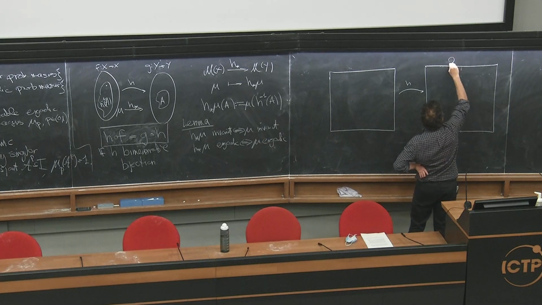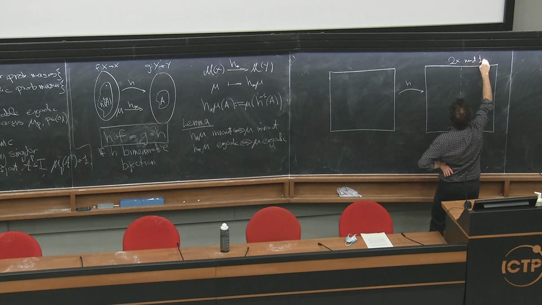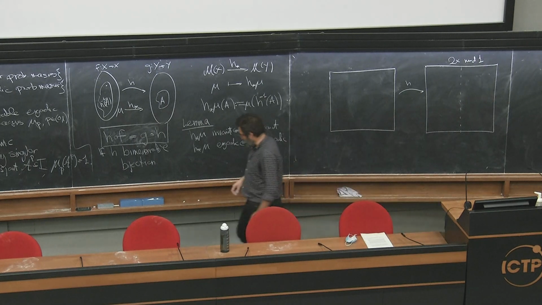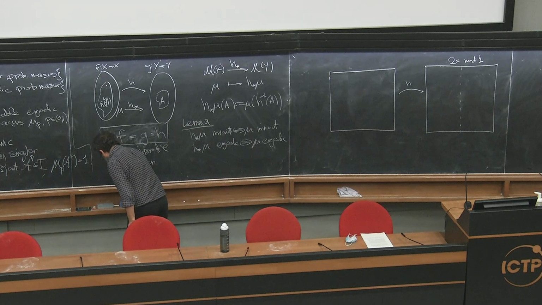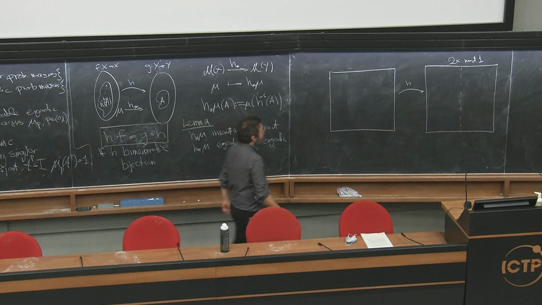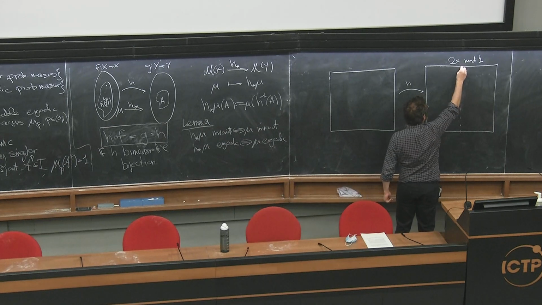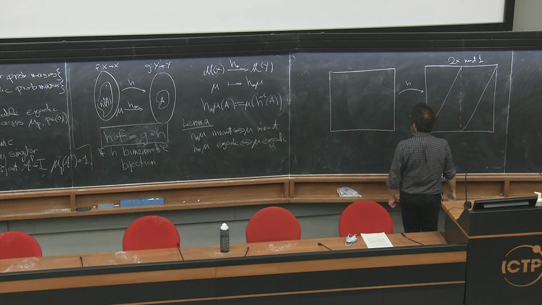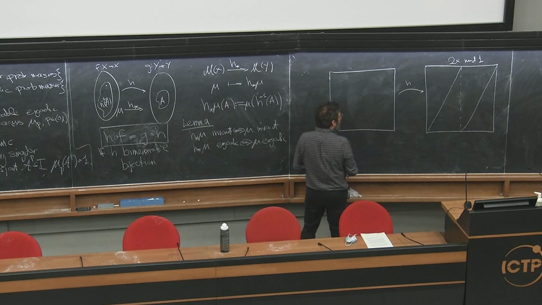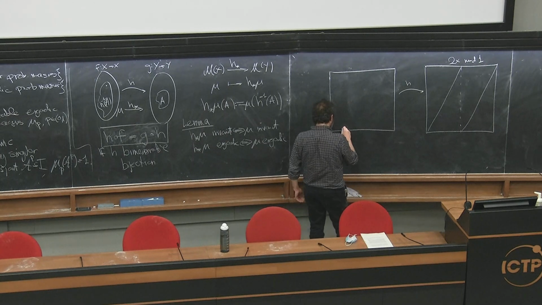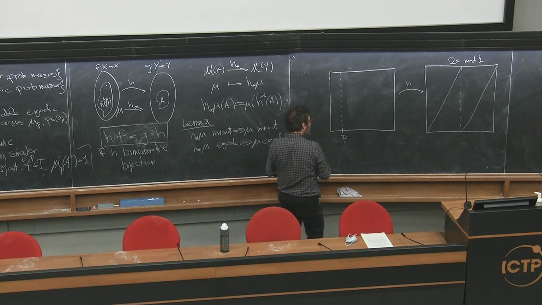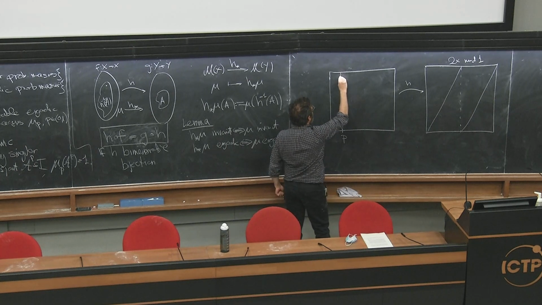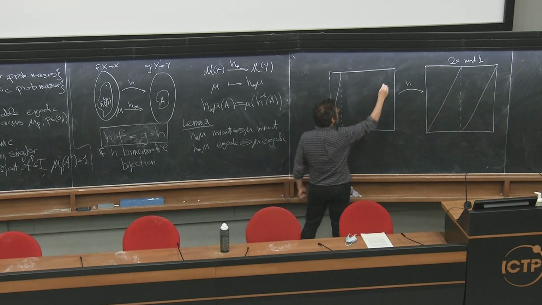So here we have 2x mod 1. And here, I'm going to define, I'm going to take a point P, and I'm going to define a full branch piecewise affine map like this.